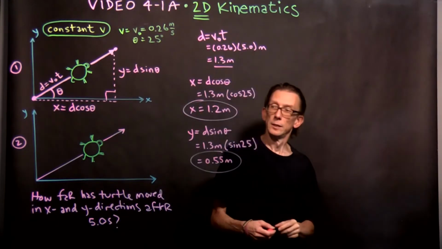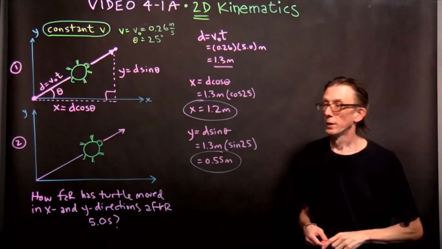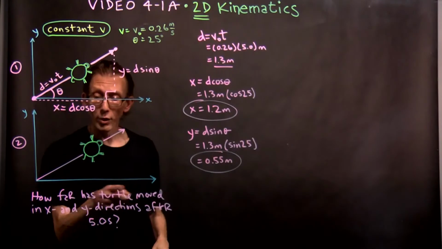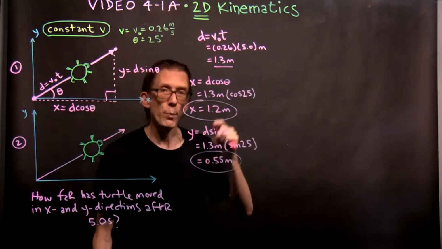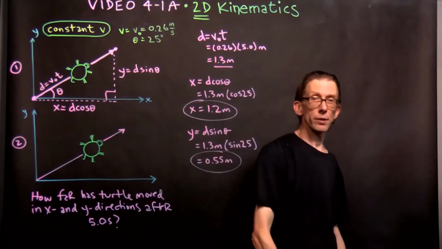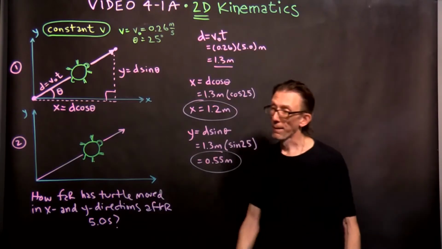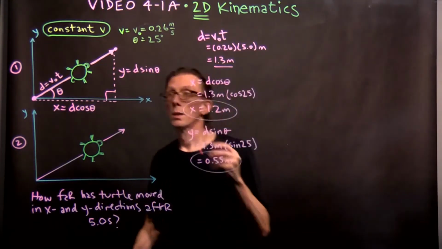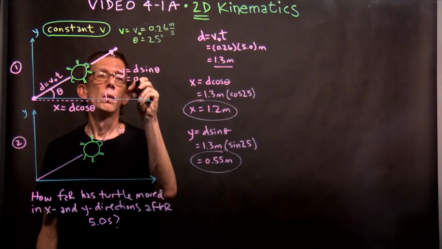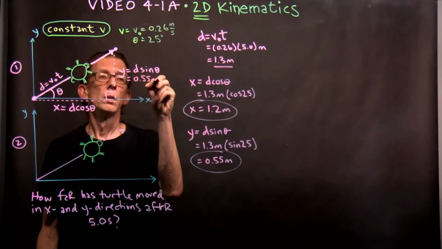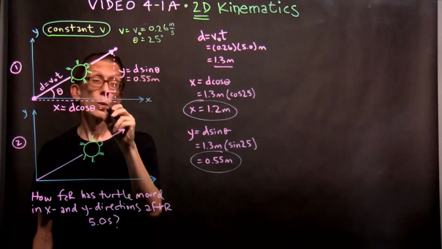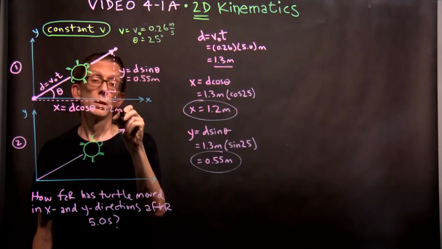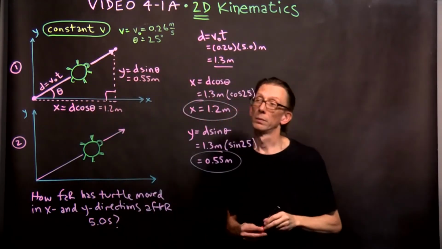So our question, how far has the turtle moved in the x direction? 1.2 meters after 5 seconds. How far has the turtle moved in the y direction? 0.55 meters in the y direction, and 1.2 meters in the x direction.